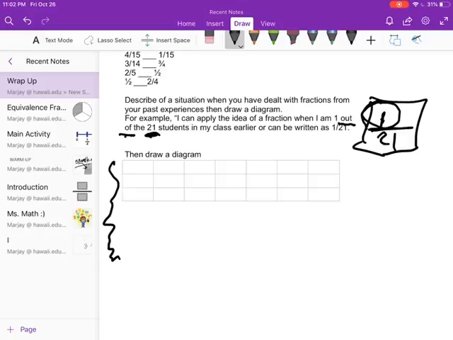So I'll be shading 1 box. And now this is the diagram of that sentence.